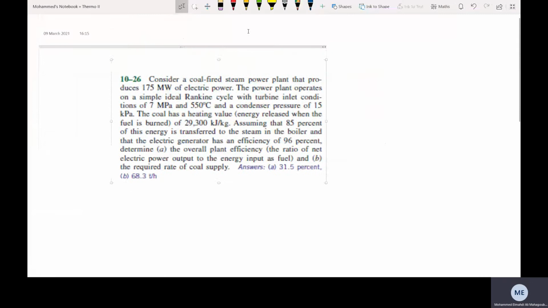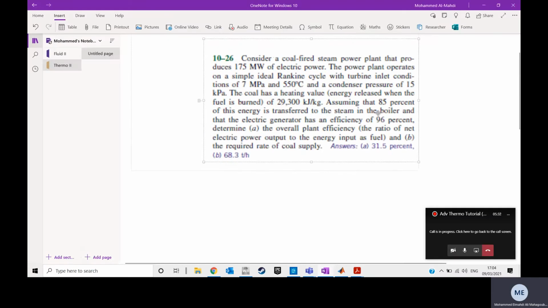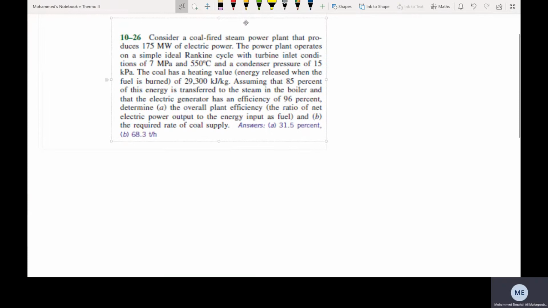Our first question is similar to, or I guess the same as, the homework problem, but I think with different numbers. So let's start. We consider that we have a coal-fired steam power plant that produces 175 megawatts of electrical power.